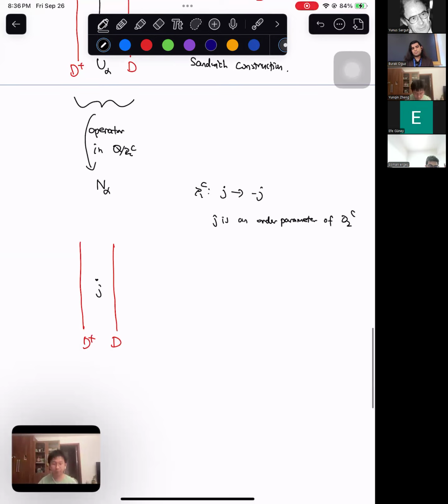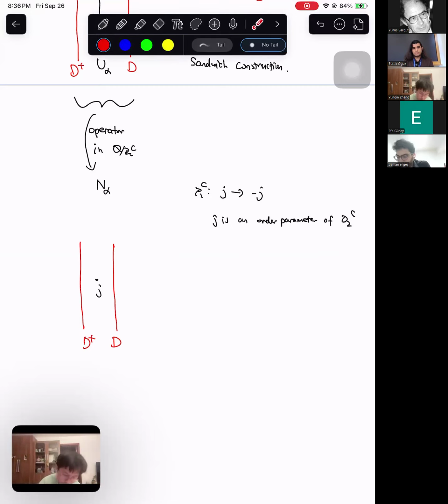So J is charged under the charge conjugation. Now this D is a gauge interface, so it gauges the Z2 charge conjugation on one side. So when you move this D past J, it's not hard to see that this J becomes a disorder parameter on the other side.